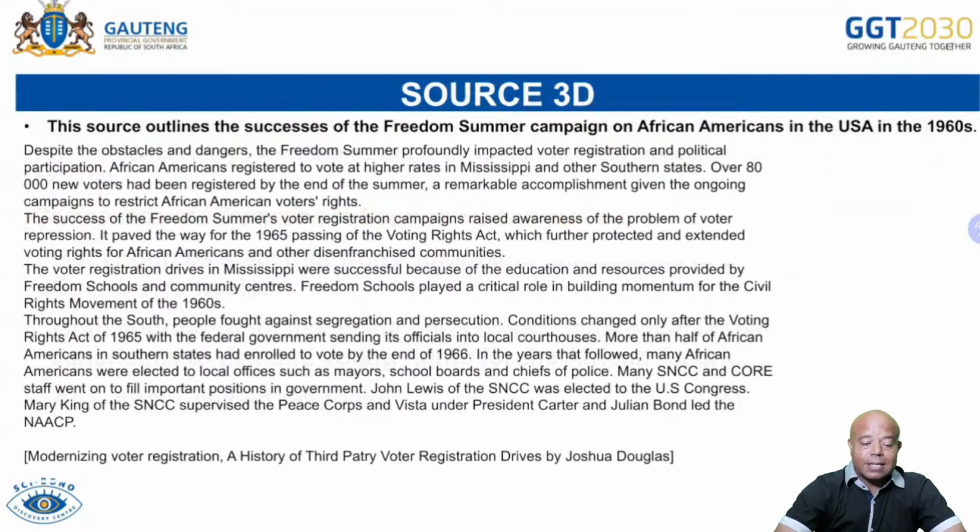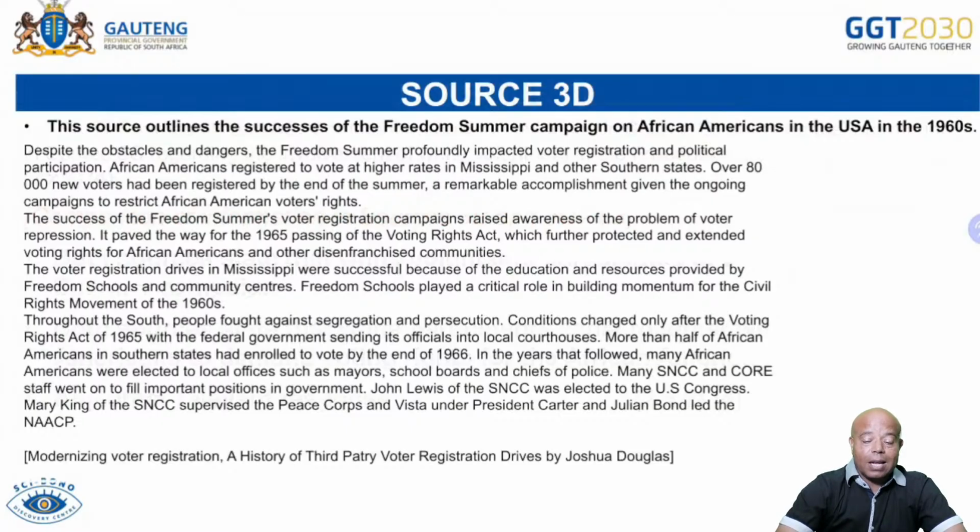This source outlines the successes of the Freedom Summer campaign on African Americans in the USA in the 1960s. Despite the obstacles and dangers, the Freedom Summer profoundly impacted voter registration and political participation. African Americans registered to vote at higher rates in Mississippi and other southern states.